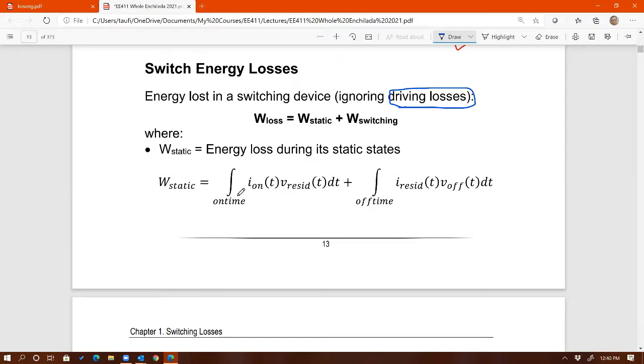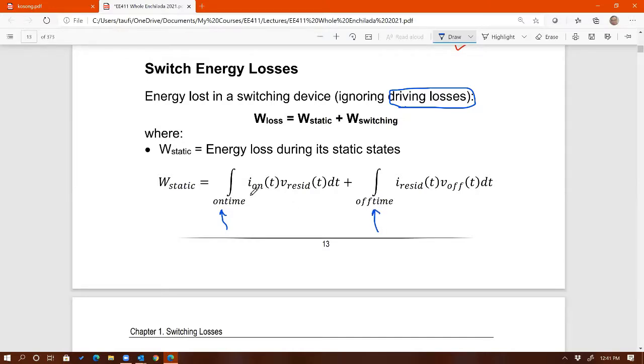Integral of P of t, right? V times I is P, so P times delta t, as I said earlier, gives you energy. That happens twice in a period: one is on time, the other is off time. This is static, when the switch is fully on, and this is where the switch is fully off.